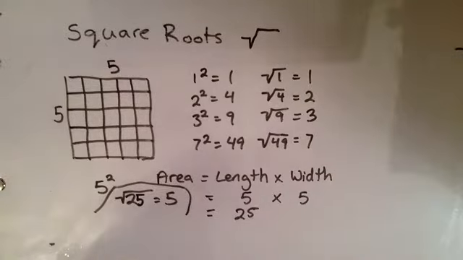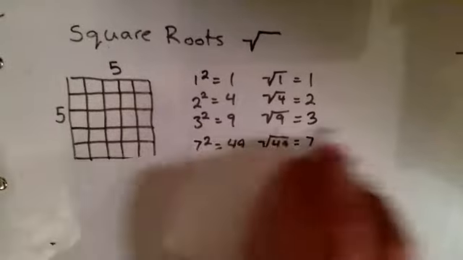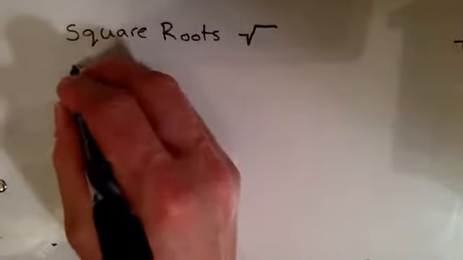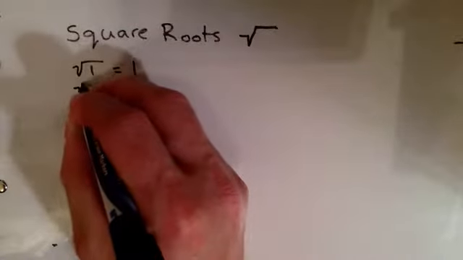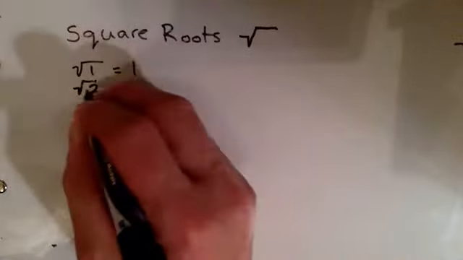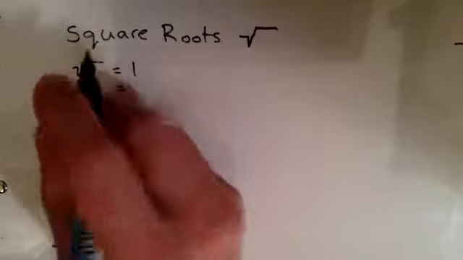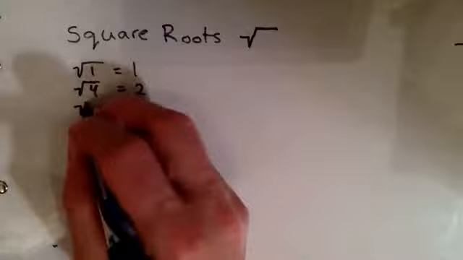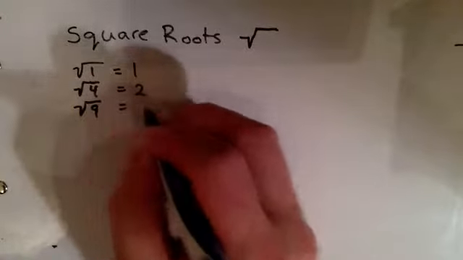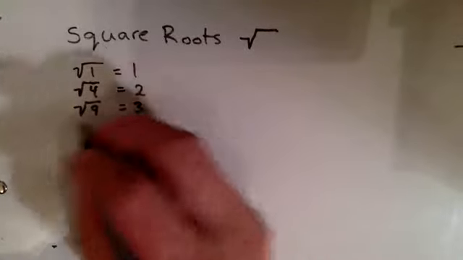So really quickly, let's go through all of the square roots from 1 to 10, and then I'll give you a few extras as well. So, as we already said, the square root of 1 is 1. The square root of 4 is 2. Square root of 9 is 3.